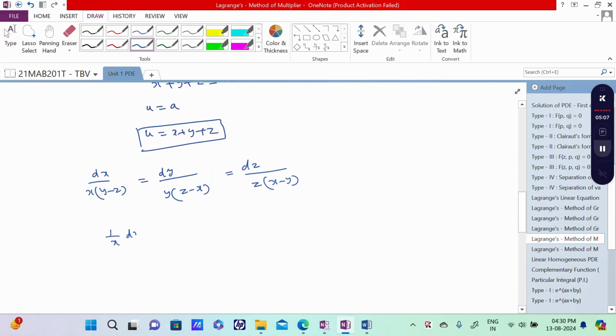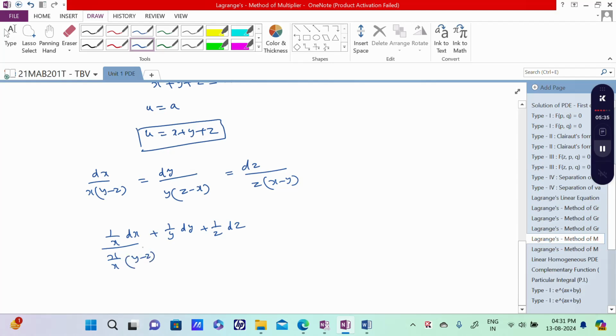In this term I just do it here: (1/x)dx + (1/y)dy + (1/z)dz. It means the numerator and denominator are multiplied by 1 by x, 1 by y, 1 by z. Therefore, the numerator gets 1 by x and the denominator gets 1 by x; when I do this, x will be removed. It means x/x (y − z) plus y/y (z − x) plus z/z (x − y).